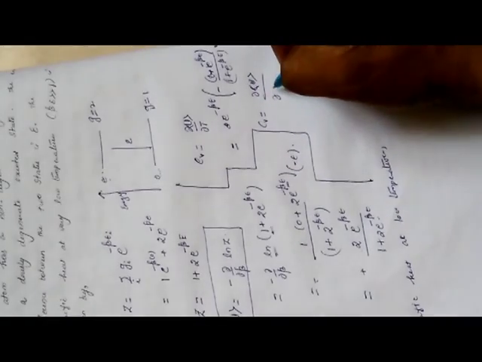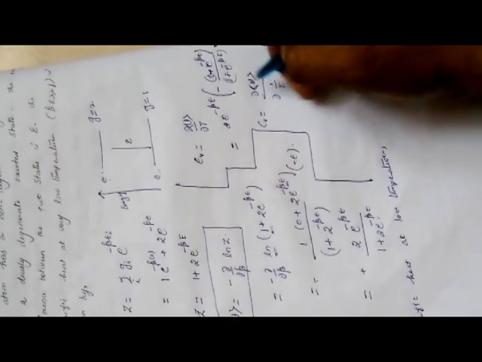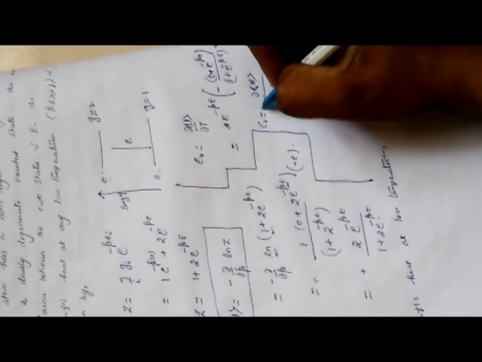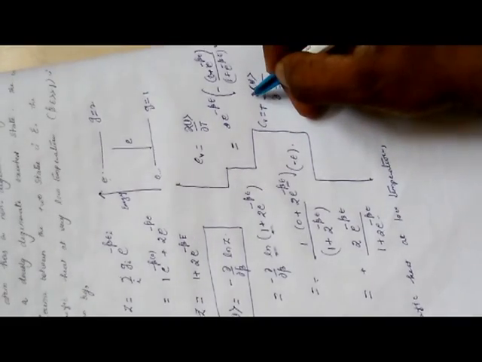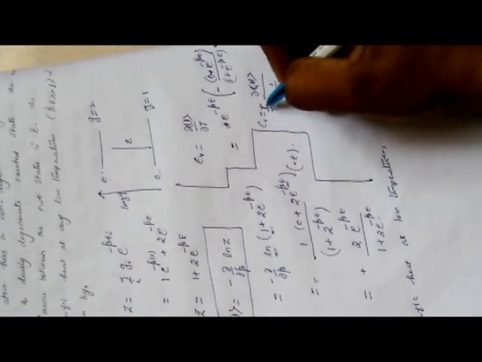I can write dou U by dou T using dou beta, where beta is 1 by T. Differentiating 1 by T gives minus 1 by T squared, so the T squared goes, and I can write it as 1 by k_B T squared, times k_B.